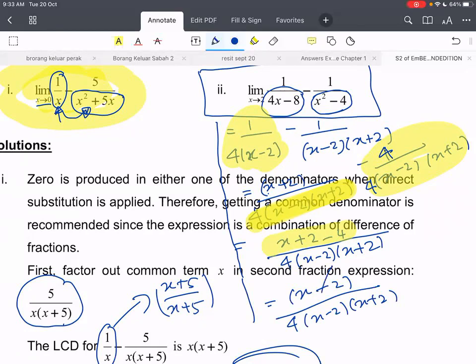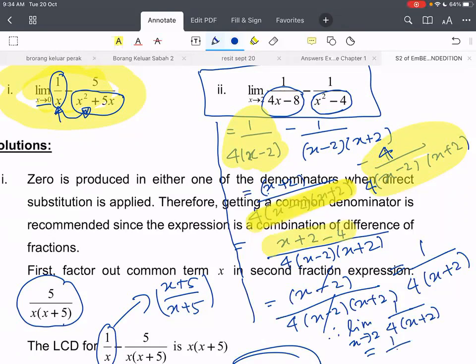So we cancel out this one. What's left is 1 over 4(x plus 2). Hence, plug in the limit value x approaches 2. For this function, what is the final answer? 1 over 16. Yes. Baru betul.